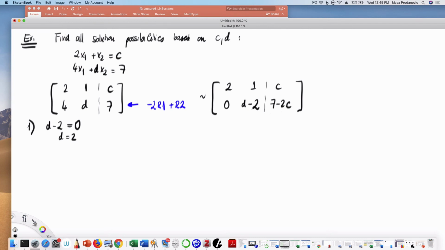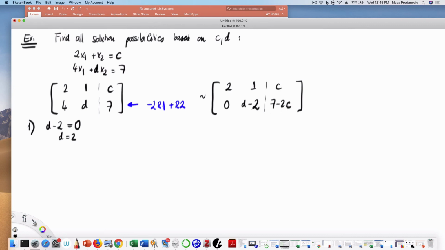That's fine. That's a common possibility. It basically means that the top row was a multiple of the second row, so you just eliminated everything.